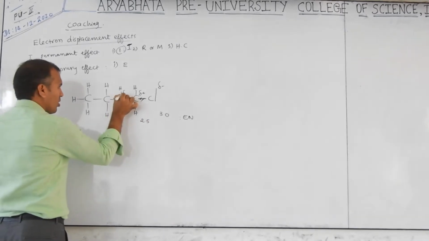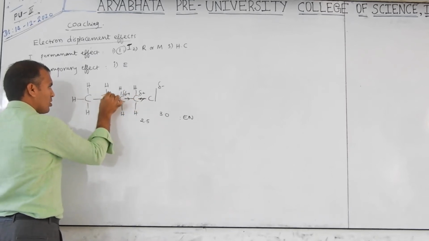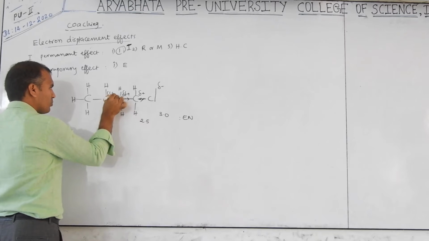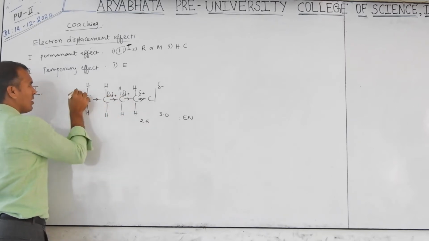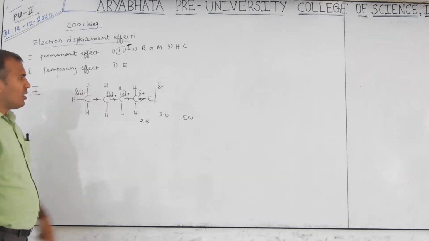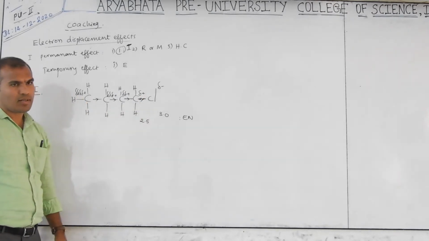Then here you will get partial positive charge, double partial positive charge, triple partial positive charge. Here, if it is attracted, how many partial positive charges? 4. Then this partial positive charge is greater.